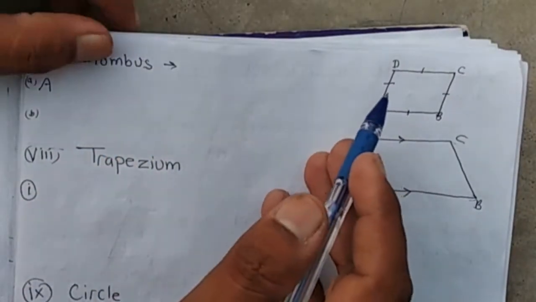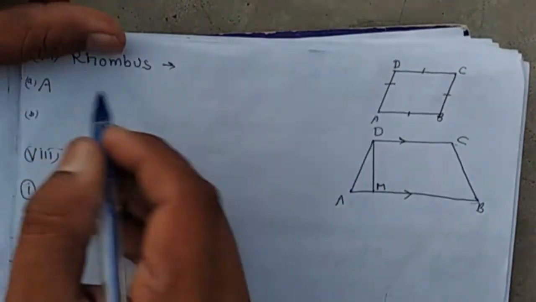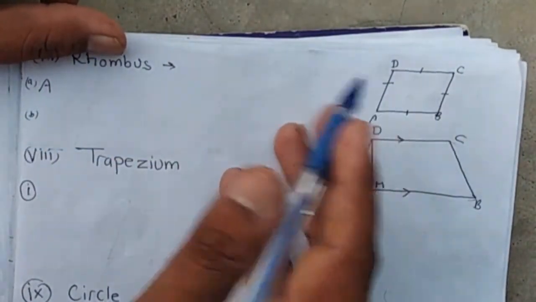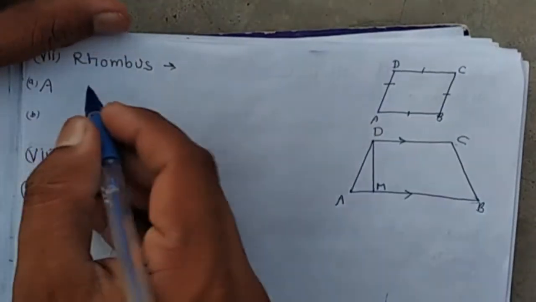Rhombus. In a rhombus, all sides are equal, the diagonals intersect at 90 degrees, and it is a parallelogram.